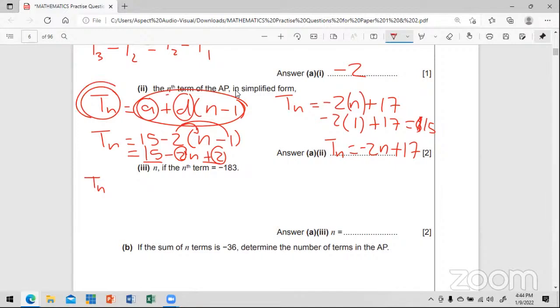Now they are saying that if the nth term is -183, it means on this Cn, we will say -183 equals what? Okay, so equals a plus what? We are finding n. They are saying Cn, remember the nth term, this is the nth term. Are we together? Yes.